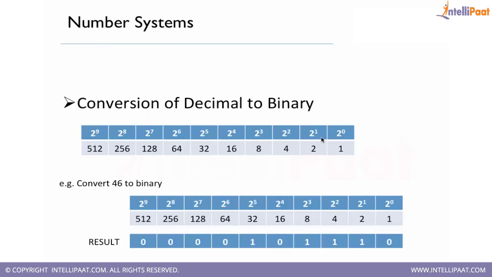How do we represent 2 in binary? 2 in binary is represented as 1 into 2 to the power 1, because 2 to the power 1 is 2, and everything else is 0. So 2 is represented as 0 0 0 0 0 0 0 0 1 0.